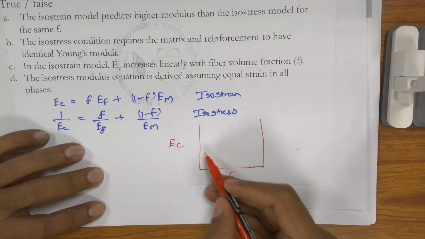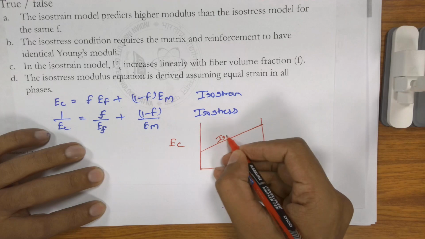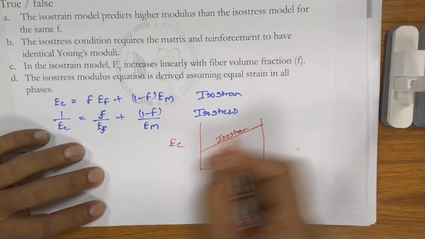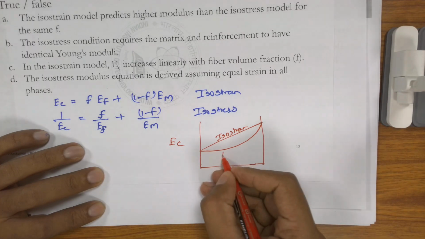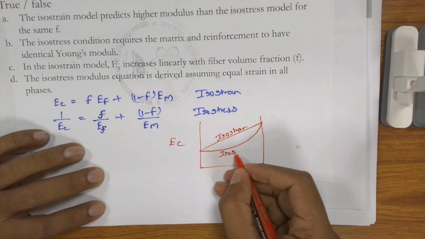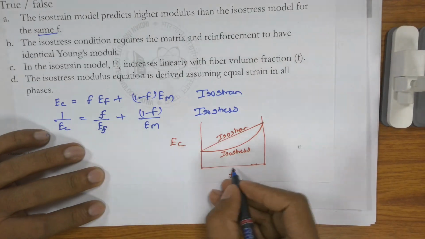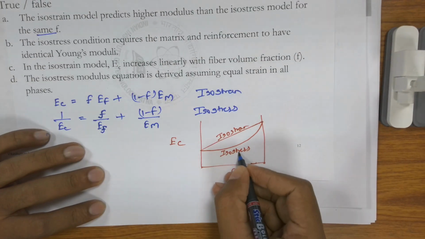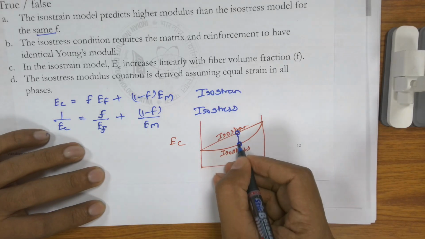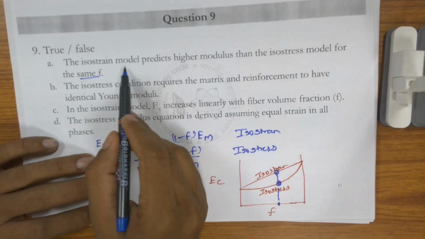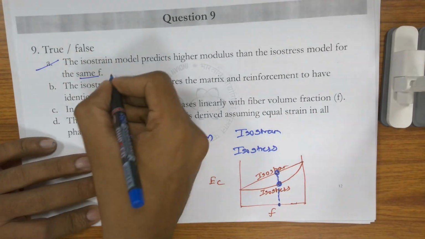For isostrain, it is linear, while for the isostress, it will be more or less like this curve. So at the same F, we can see that isostrain is giving more value than the isostress. So the isostrain model predicts higher modulus than the isostress model for the same F, that is true.